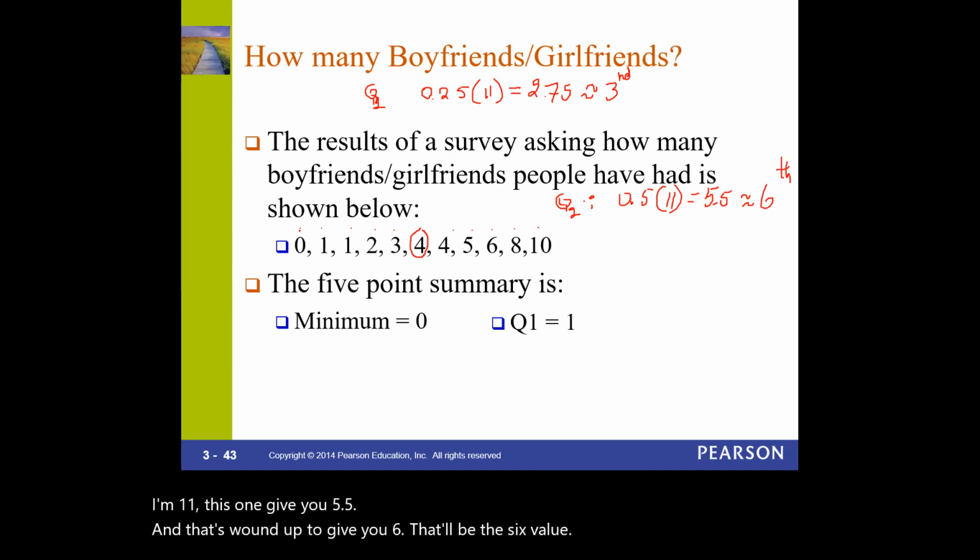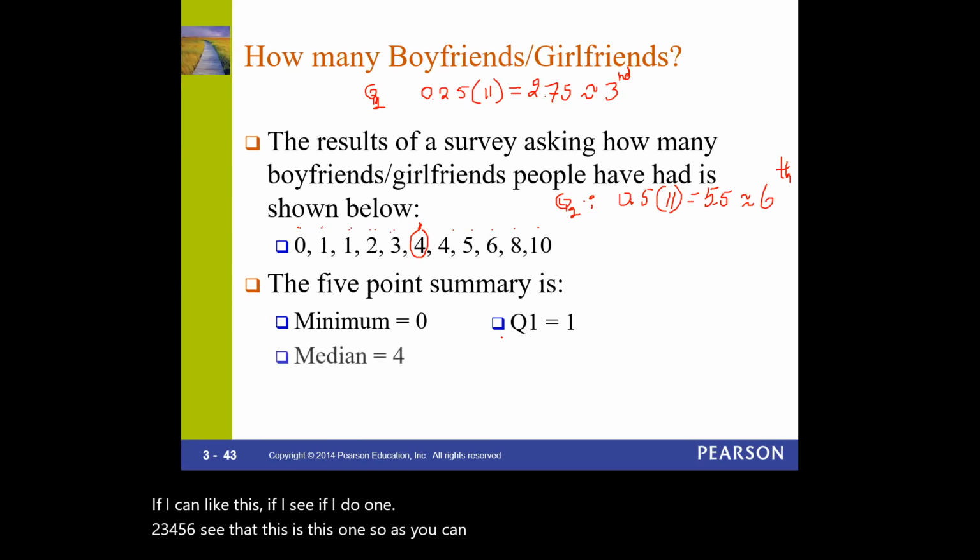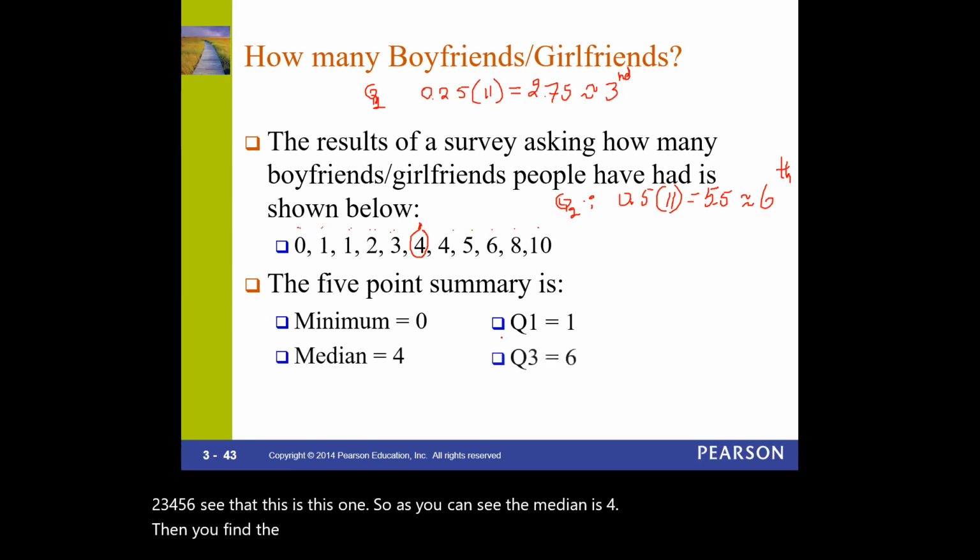So if I count 1, 2, 3, 4, 5, 6, see, this is the one. As you can see, the median is 4. Then with the same concept, I find Q3 is 6. And the last one is the maximum, which is 10.